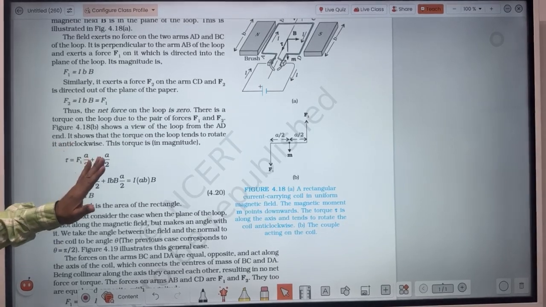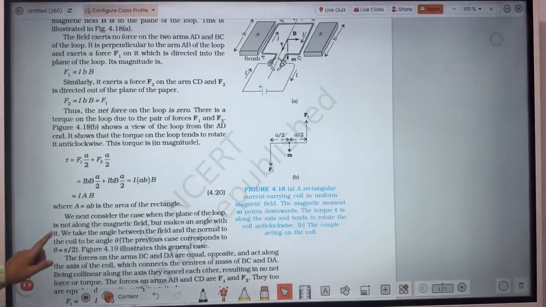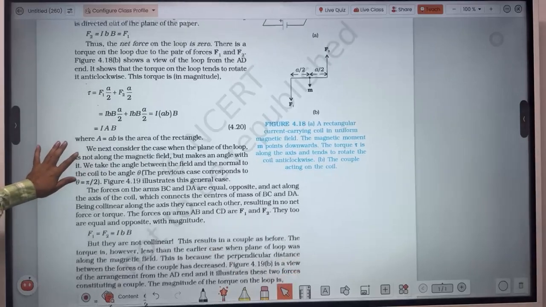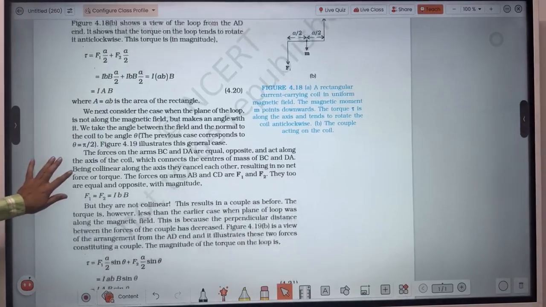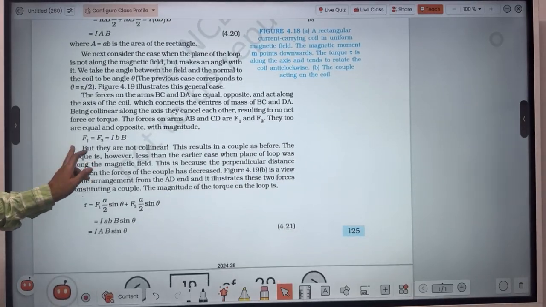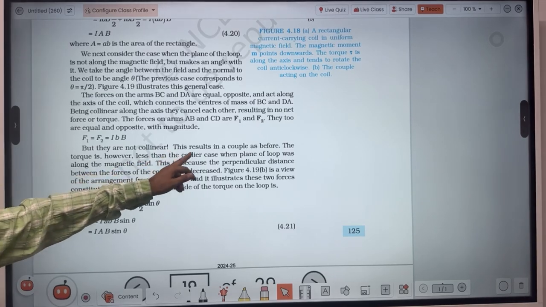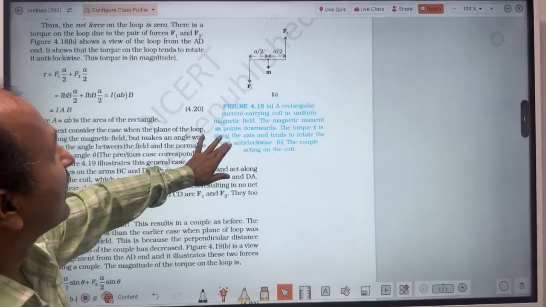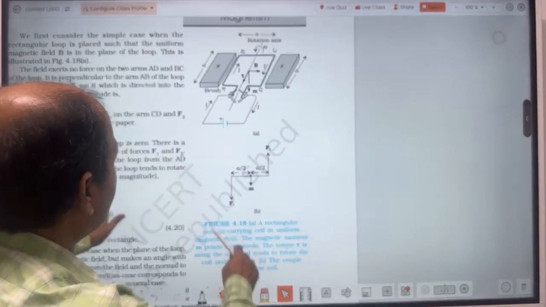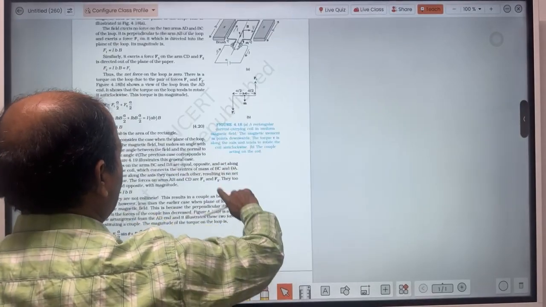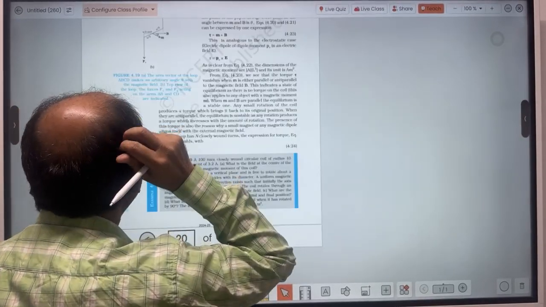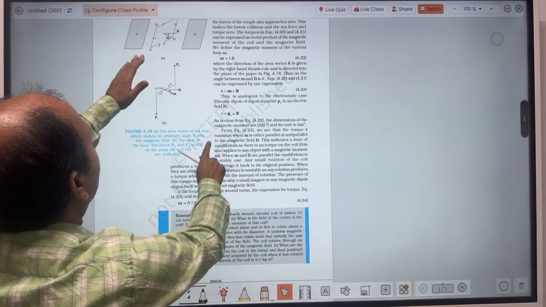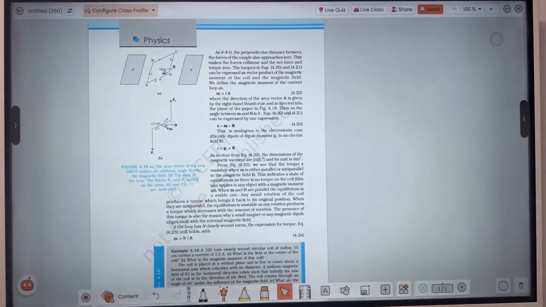But if there is a certain angle theta also, in that case sin theta will be involved. The same thing is illustrated on the next page. If there is a certain angle, sin theta will also be involved. In that case the perpendicular distance will not be a by 2, right?